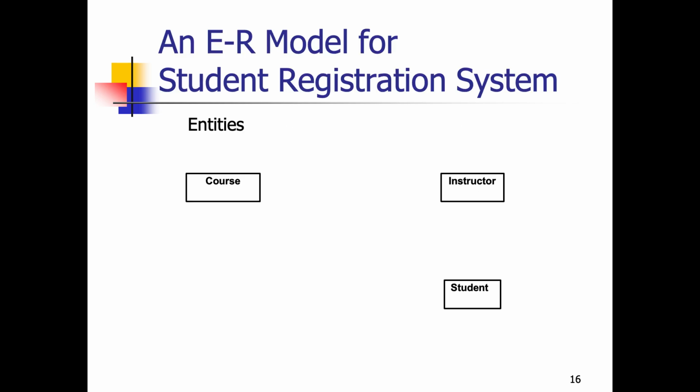So, for example, here is what we are going to do with the ERD Plus today. So we are creating entities with this rectangle, for example, for the course, instructor, and the student. And then for these three entities, what are the other examples of attributes? For example, what are the course attributes? Yep.